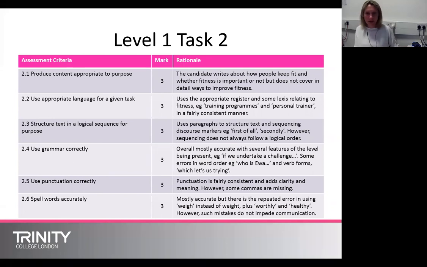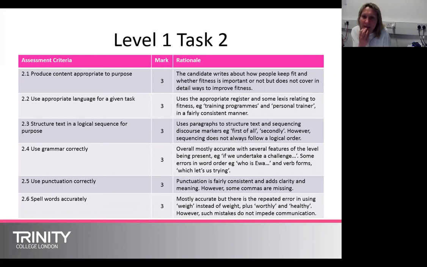So there's quite a long list. A candidate who writes a perfectly or fairly accurate script but does not include level 1 features wouldn't necessarily have a high mark, because they do not demonstrate a wide range of features. What we're looking for is those level 1 amplification features, the level 1 language.